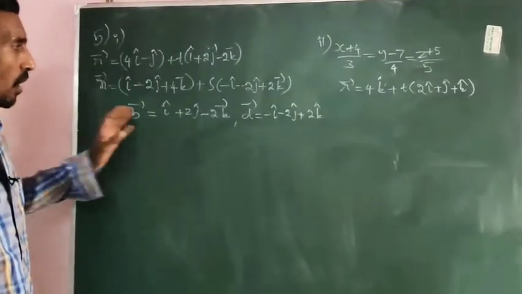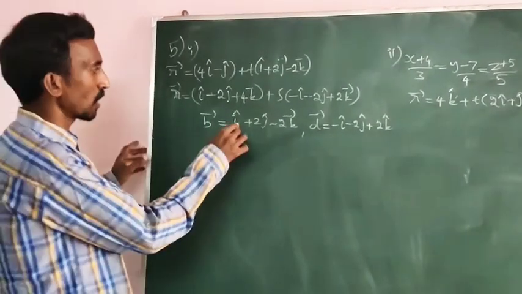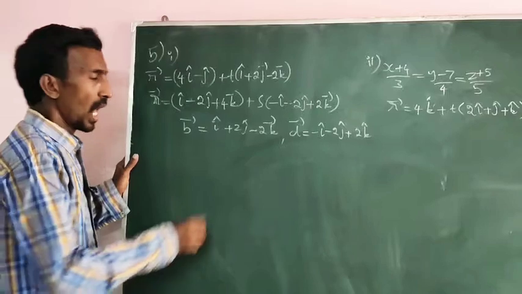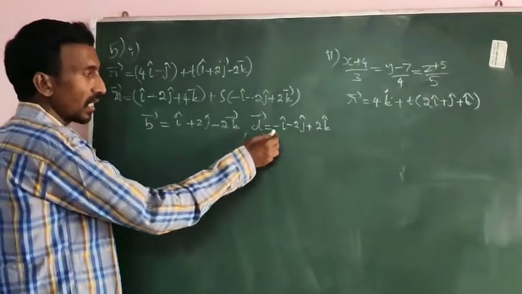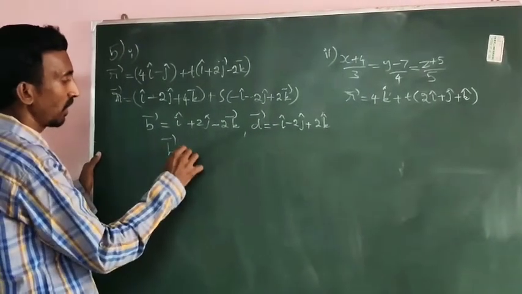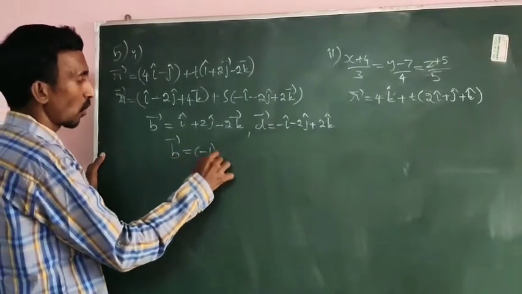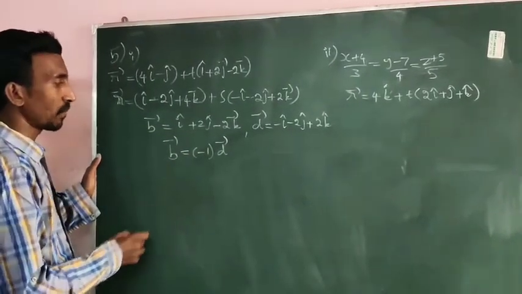According to me, here no need to apply any formula to find out the angle. Just observe b vector and d vector. If we multiply b vector by minus 1, we are getting d vector, or d vector by minus 1, we are getting b vector. So b vector equal to minus 1 into d vector, a scalar multiple of d vector.